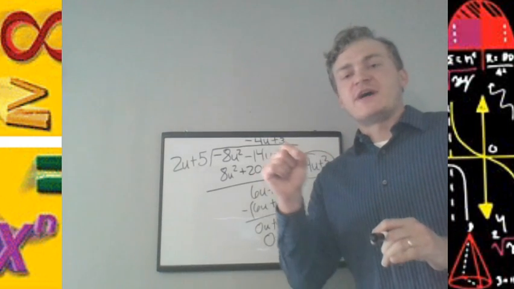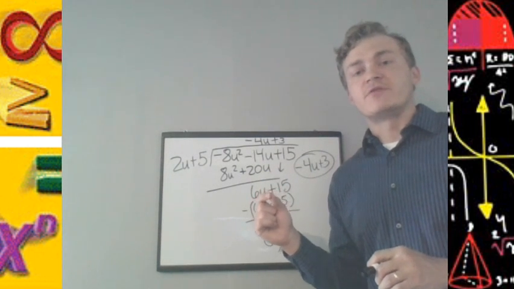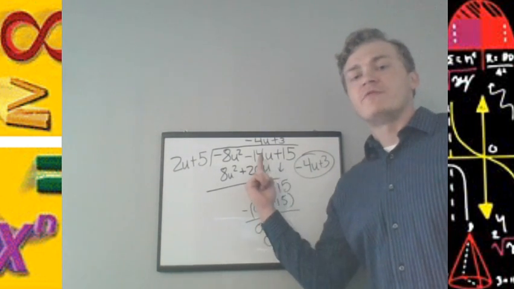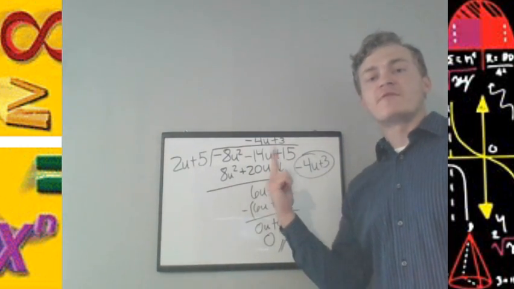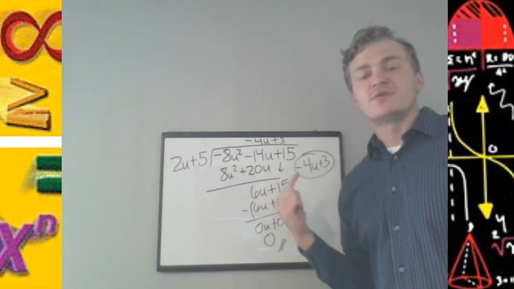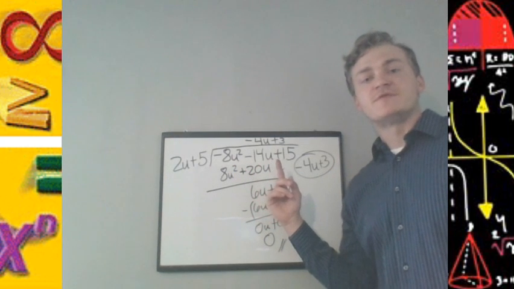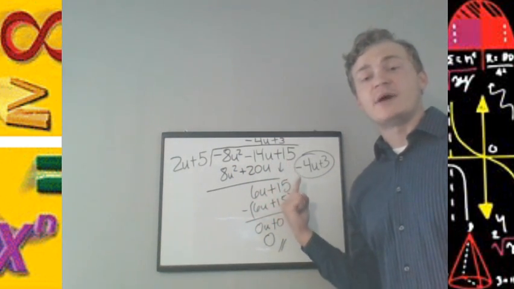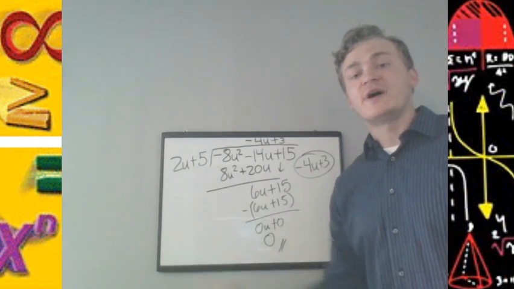If 3 times 5 is 15, then 15 divided by 5 is 3, and 15 divided by 3 is 5. Same thing here. If we take this trinomial and divide it by 2u plus 5, we will forever and always get minus 4u plus 3. If, however, we take minus 8u squared minus 14u plus 15 and divide it by minus 4u plus 3, you are guaranteed to get 2u plus 5.